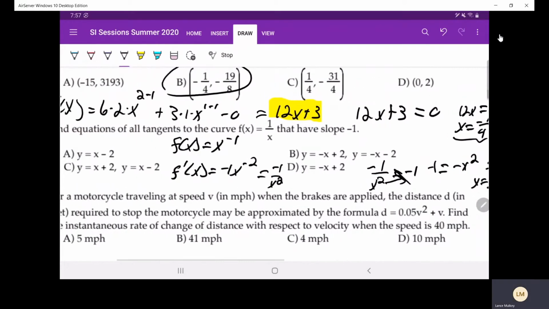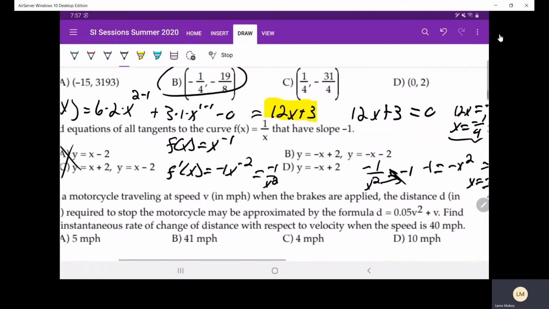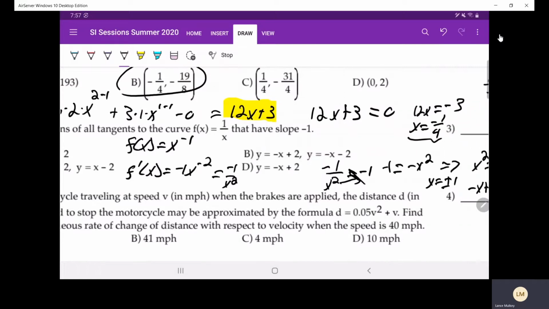Your answer has a slope of -1, so it rules out these two right here because they have slopes of +1. If you plug -1 into the original f of x up here, you get 1 over -1, which equals -1.